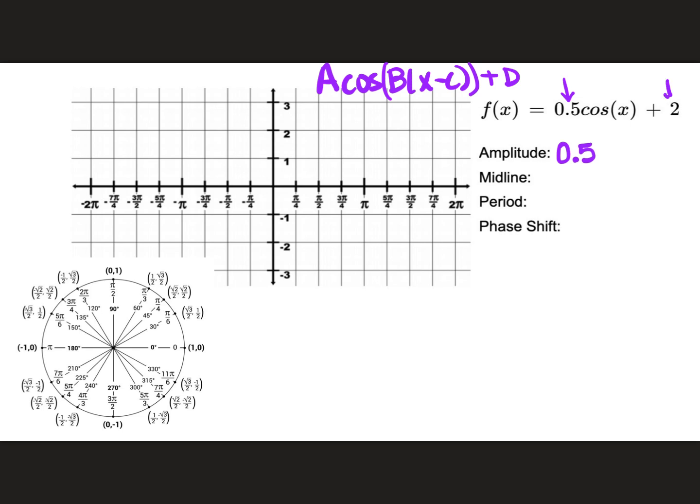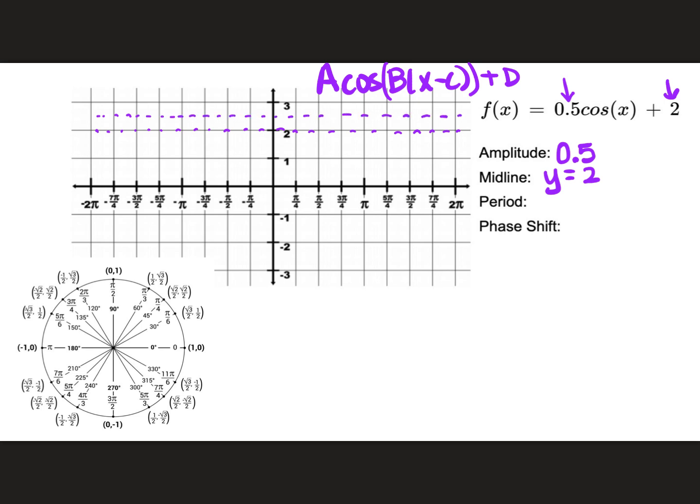This value out here is going to be causing a vertical shift. So we are affecting the midline. So our midline is at +2, and we can use those two numbers to sketch our boundaries. So at +2, there's our midline in the middle. From +2, we're going to go up 0.5, so that's going to give us 2.5.